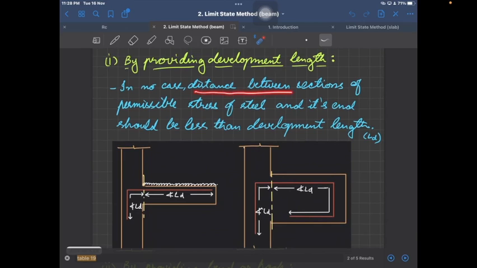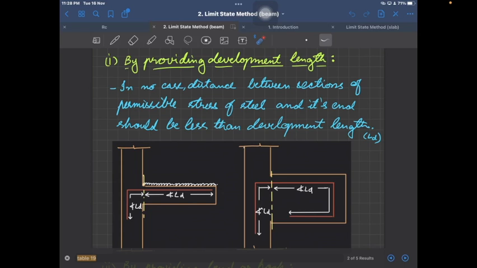In no case should the distance between the sections of maximum stress be less than LD. For example, this bar is in tension, so this section has maximum tension. From this section till the end of the bar on either side should be not less than LD. That is the main story.